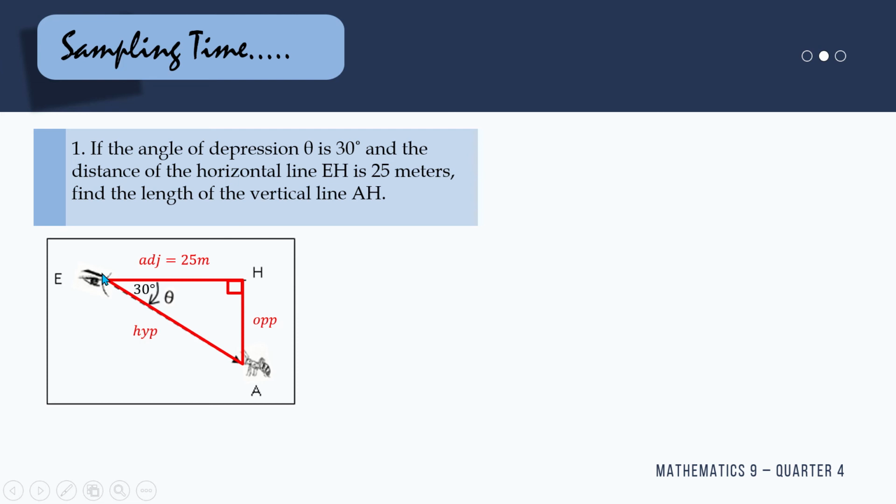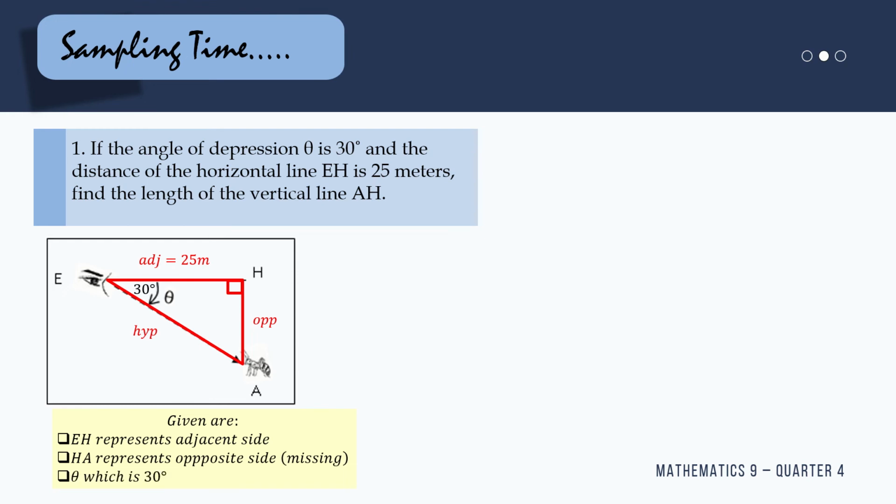And the third side is the hypotenuse. Well, dili na siya given, so pwede rin siya i-ignore. Those are the given parts, no? EH represents the adjacent side, which is 25 meters. HA represents the opposite side, which is missing. And theta, which is 30 degrees.